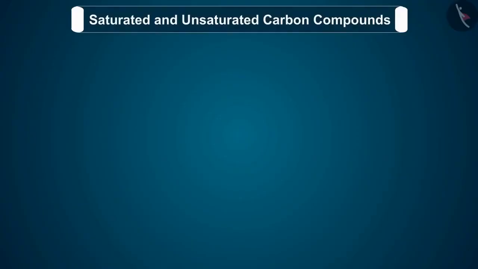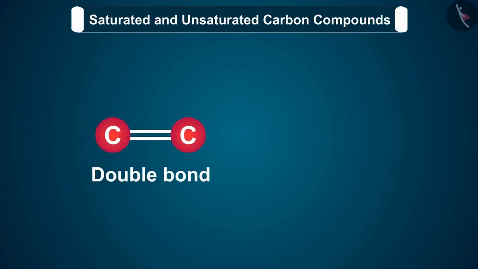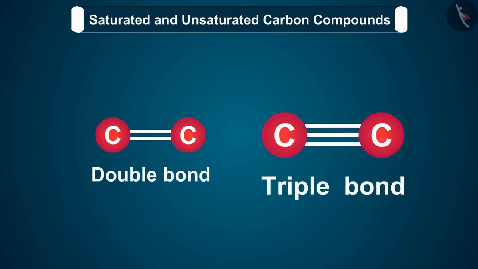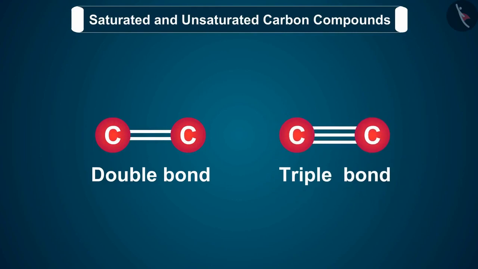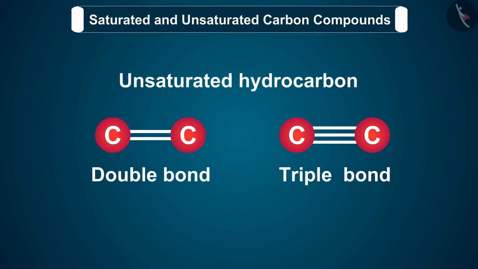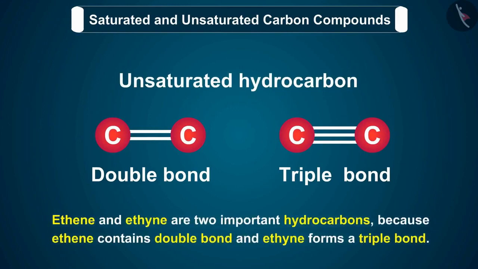A hydrocarbon in which two carbon atoms are connected by a double bond or a triple bond is called an unsaturated hydrocarbon. Ethene and ethyne are two important hydrocarbons because ethene contains a double bond and ethyne forms a triple bond.